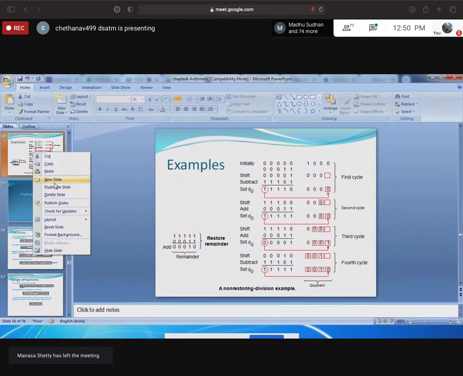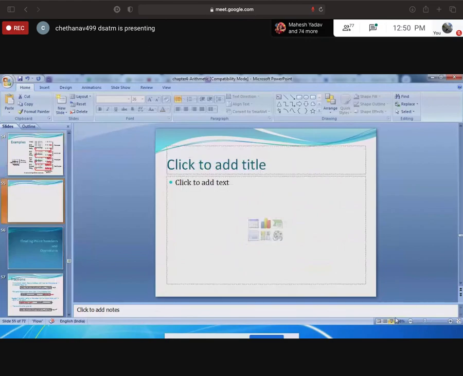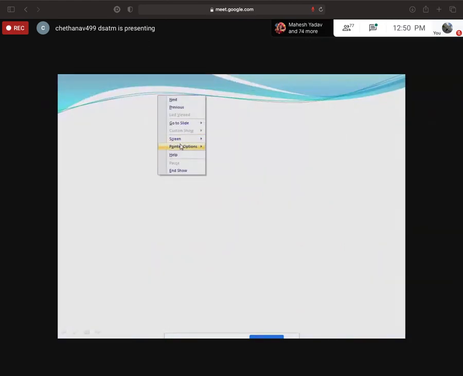So I'll take my new slide. Let me take 6 by 3 using non-restoring division. Remember, no restoring here.